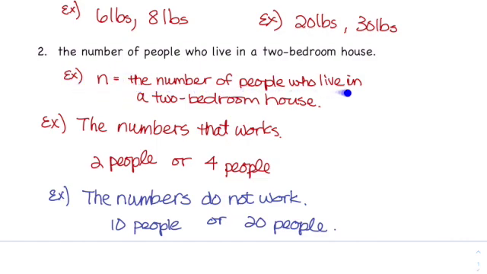The numbers that work are 2 people, 4 people. For the numbers that do not work, you can have 10 people or 20 people or even more, because it cannot happen to have all those people living in it. Please make sure you know what number works here and what number does not work.